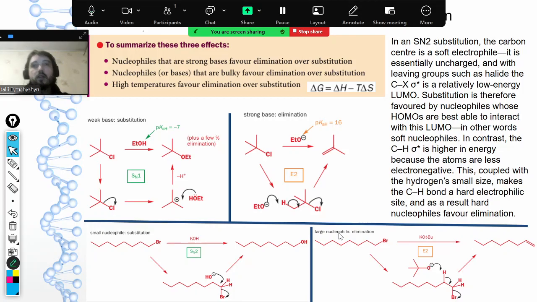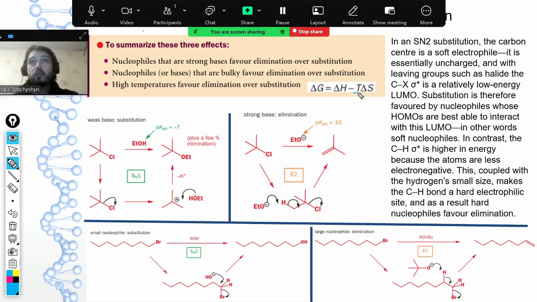Let's start with the third point. So here is the formula for Gibbs free energy. The interesting part is this one: temperature times the change in entropy. When you have elimination, that means that you had one molecule and this molecule was split into two. This means that entropy grows, so you get higher entropy.